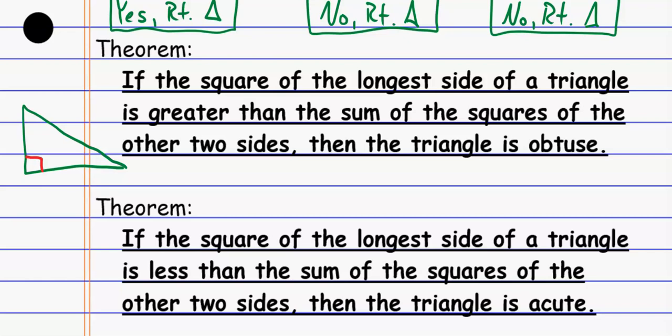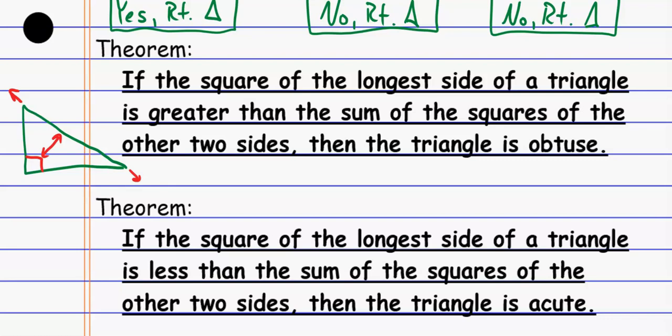And there's a relationship between this 90-degree angle and this hypotenuse. If I were to change this hypotenuse and make it a little bit longer, what would happen to the angle across from that? Well, the angle would have to get bigger to accommodate a longer side, okay?